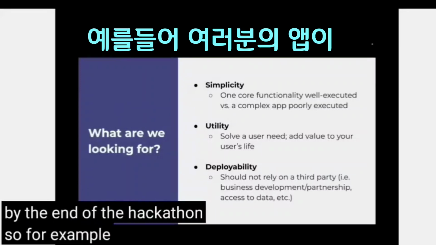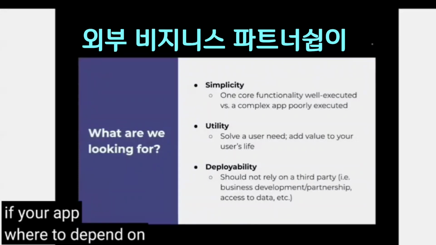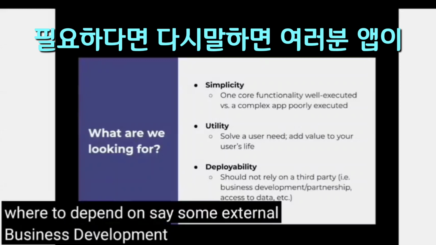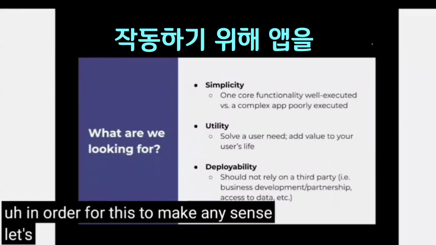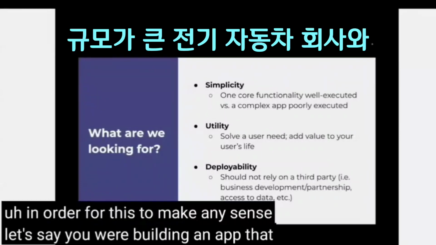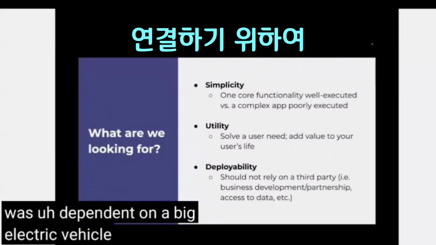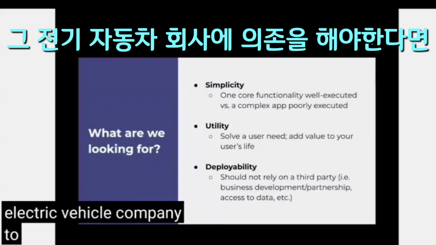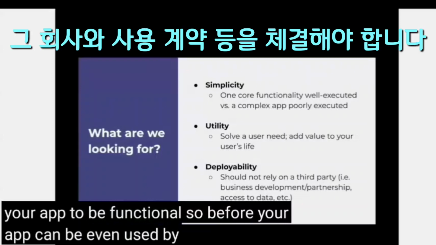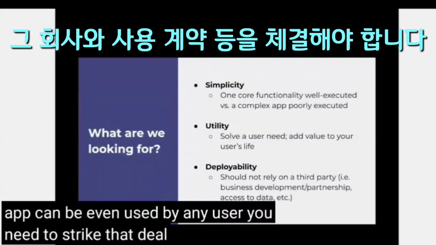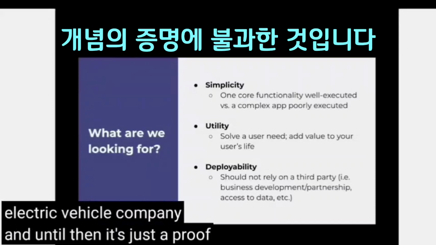For example, if your app were to depend on some external business development partnerships in order to make any sense, let's say you were building an app that was dependent on a big electric vehicle company to connect with your app in order for it to be functional. Before your app can be even used by any user, you need to strike that deal with the electric vehicle company, and until then, it's just a proof of concept.